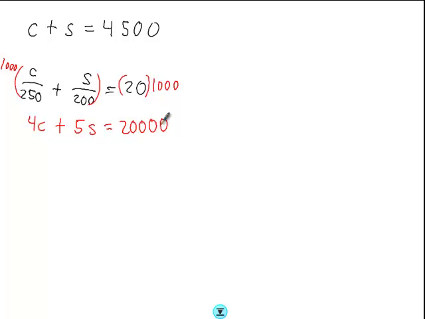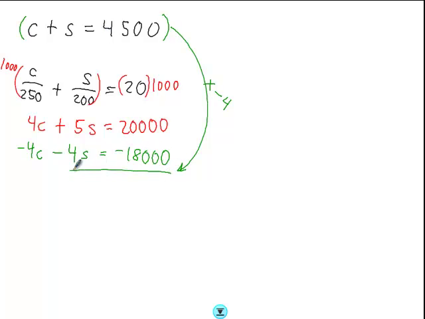What I'm going to do is eliminate the C's. I'm going to take this equation and move it down here, but multiply everything by -4. So positive 1C becomes negative 4C. Positive 1S becomes negative 4S. And positive 4,500 becomes negative 18,000. I'm going to add these up.